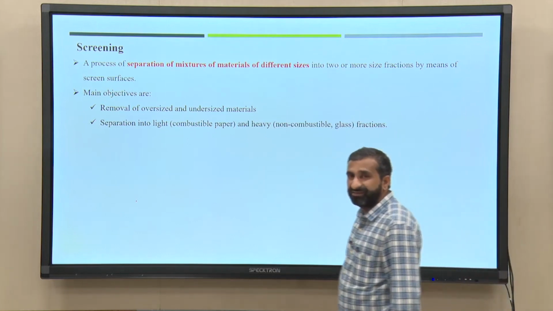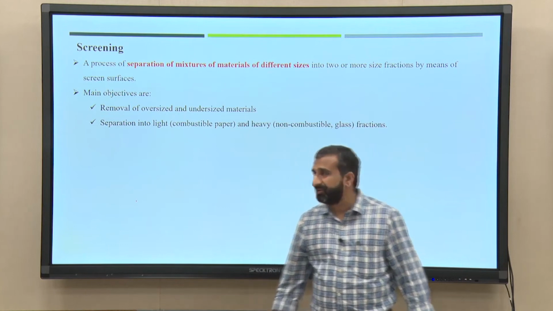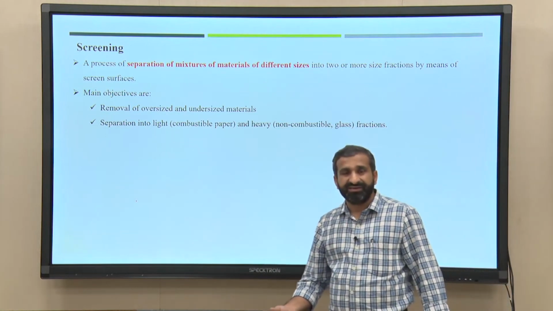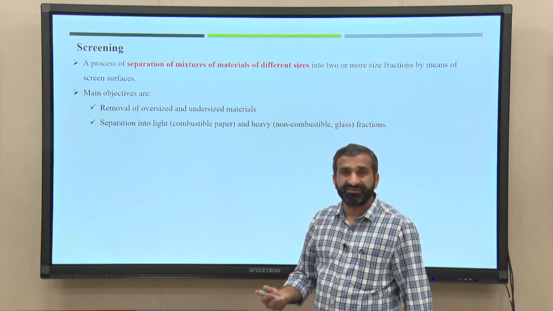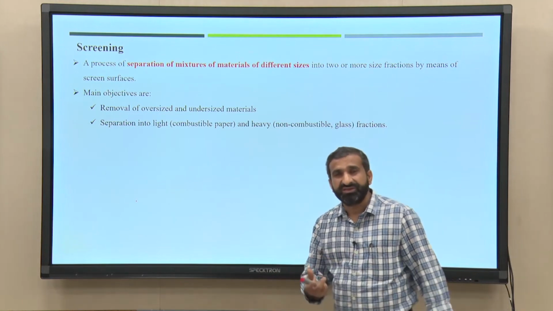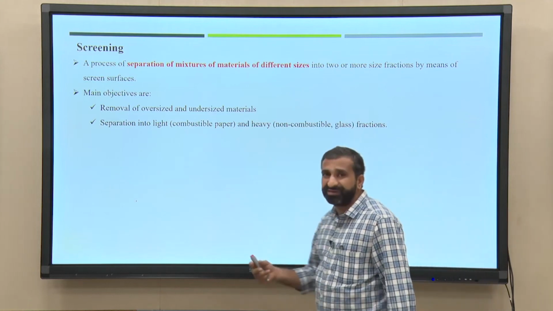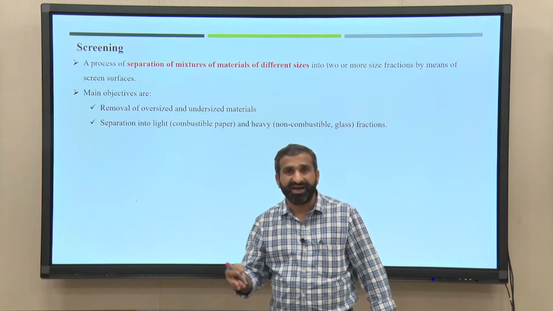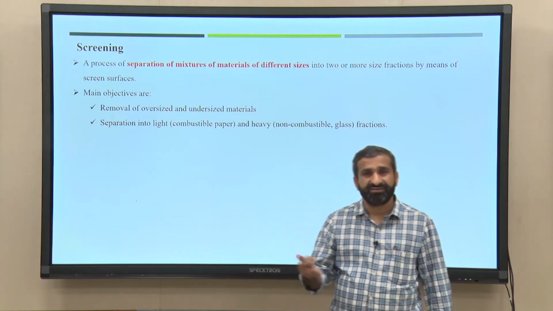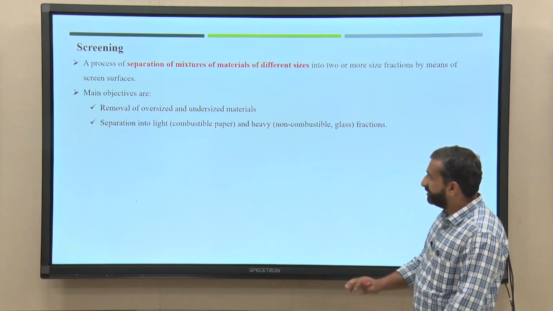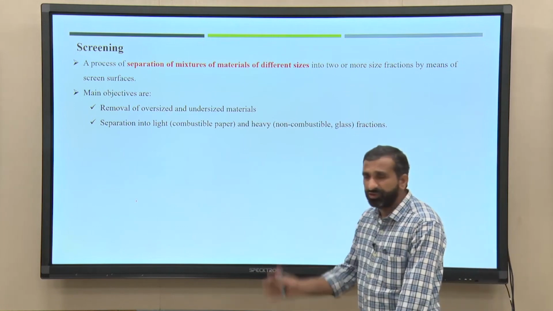In the entire mixed dry waste, the light material could be paper, plastic, rubber, cloths, and heavy materials like leather, glass, metal, and separation is required for both materials.